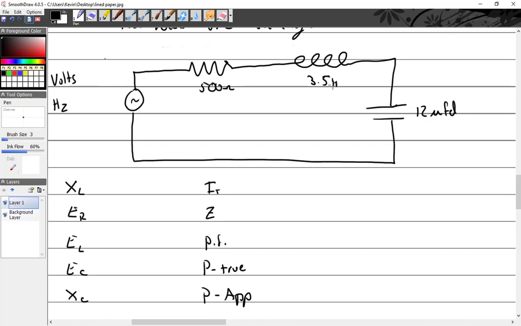Okay. Wait, what's the volts? Volts and hertz. Phase angle, right? After Z. 440. Oh yeah, I guess I didn't put that on here. And the angle of theta. So that's our goal here. What's my hertz? 60.